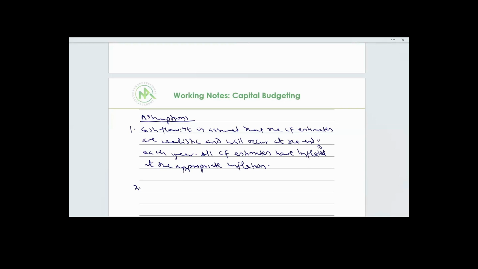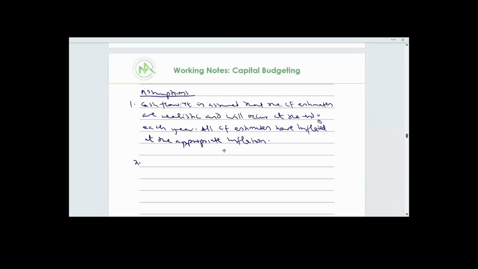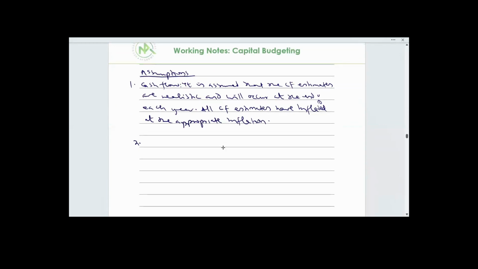Then assumption number 2. You can talk about cost of capital. What assumption are we making on cost of capital?